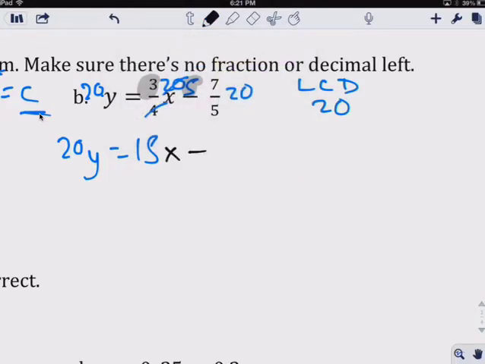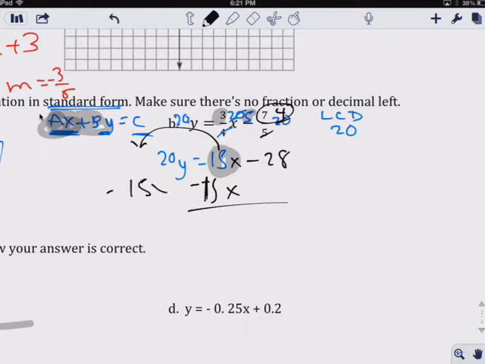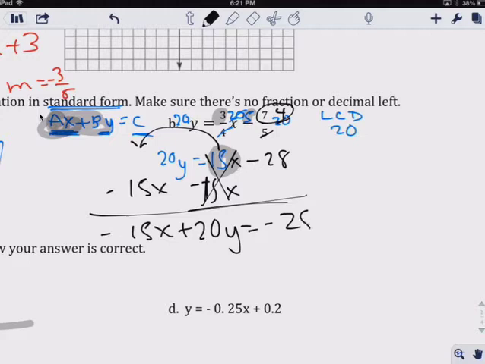Minus, cross cancel, that's 4. 4 times 7 is 28. Okay? So it's ax, so what's on the wrong side is the x. The x wants to be on the other side. So minus 15x, minus 15x. So my answer is negative 15x plus 20y equals negative 28.